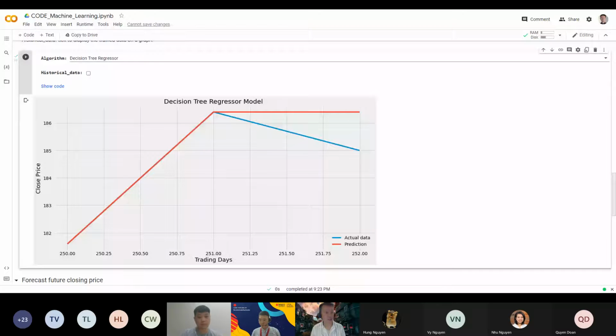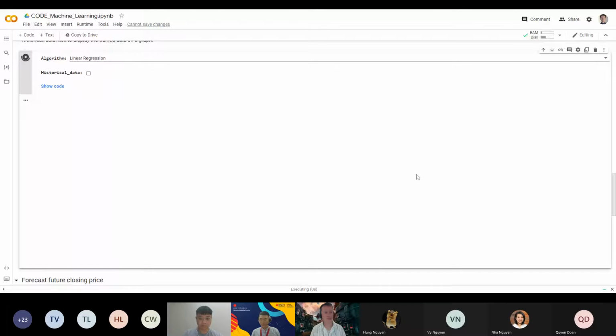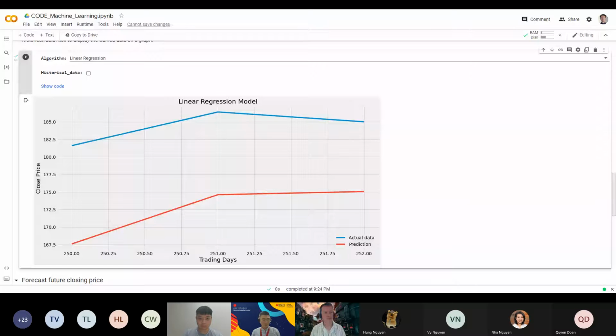Interesting. And then the last algorithm we're going to use is linear regression, which some of you, if you've done statistics, I'm sure you're familiar with. And this is probably the most appropriate algorithm for this kind of problem. Press play again. Yep, similar.